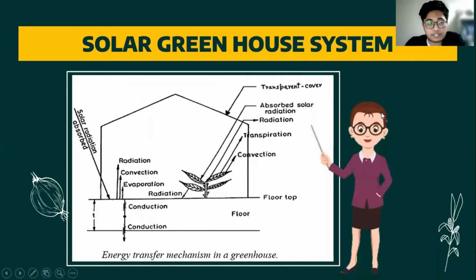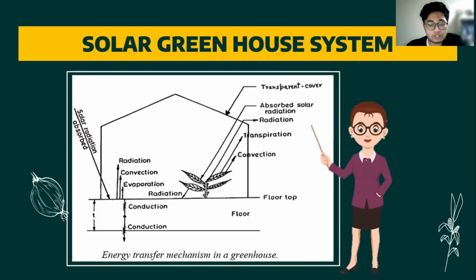Besides that, the greenhouse also utilizes the soil inside the greenhouse, so that when it absorbs the solar radiation, it can generate heat at night for the plants to survive with high temperature consistently even at night.